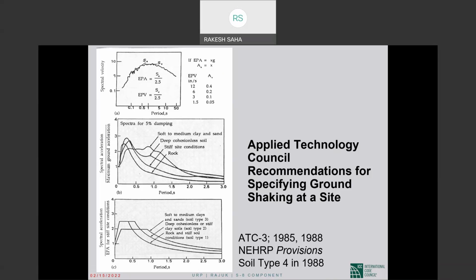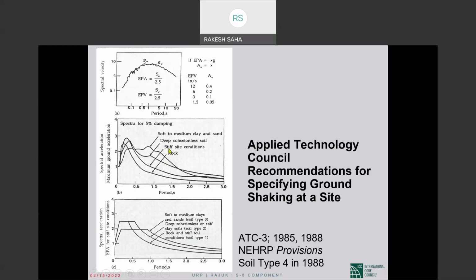Now in ATC 3, they decided to use Professor Seed's spectra as the basis of design, but they did a few things. The rock and stiff site conditions were combined into one, what they call soil type 1, rock and stiff soil.